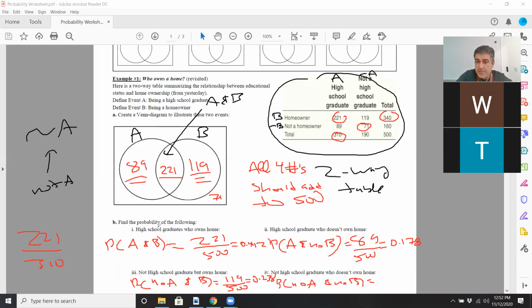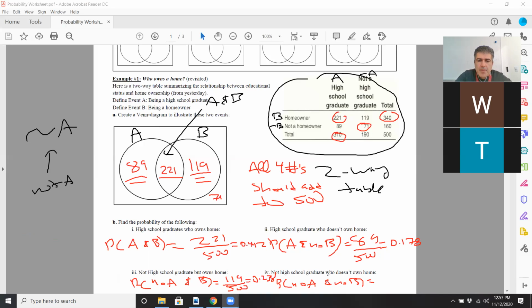I'm just asking you, of these 500 people, what's the probability that you're a high school grad and you own a house? I think I'd be a little more clear with my wording. I'd probably start by saying you surveyed 500 people. Of all the people you surveyed. The wording's not the best here, but does that make sense? Yeah. Okay, cool.